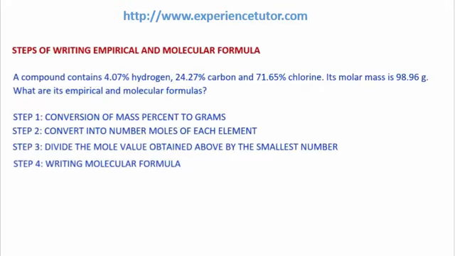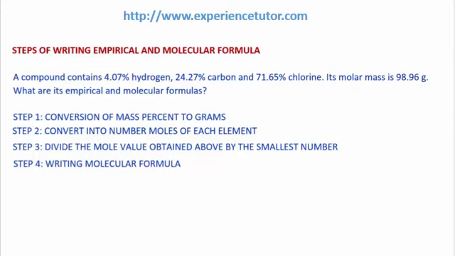Steps of writing empirical formula and molecular formula. A compound contains 4.07% hydrogen, 24.27% carbon and 71.65% of chlorine. Its molecular mass is 98.96 gram. What is the empirical formula and molecular formula? We have the following steps to find this.